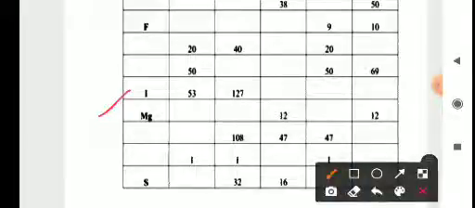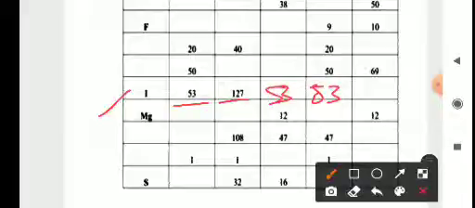Now come to iodine. Atomic number 53, mass number 127, 53 protons, 53 electrons, and the number of neutrons will come by subtracting 53 from 127, which gives 74.